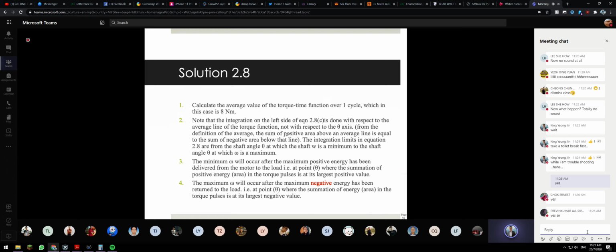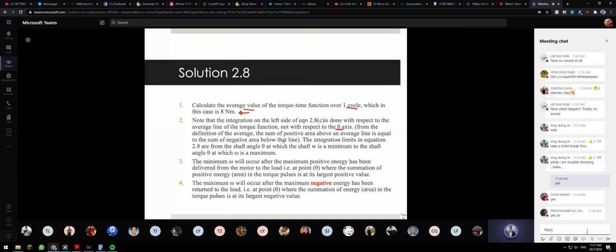So what we do is calculate the average value of the torque time function over one cycle. Then we find out that it is actually 8 Newton meters. Note that the integration on the left side of equation 2.8c is done with respect to the average line of the torque function, not the theta axis, from the definition of the average.